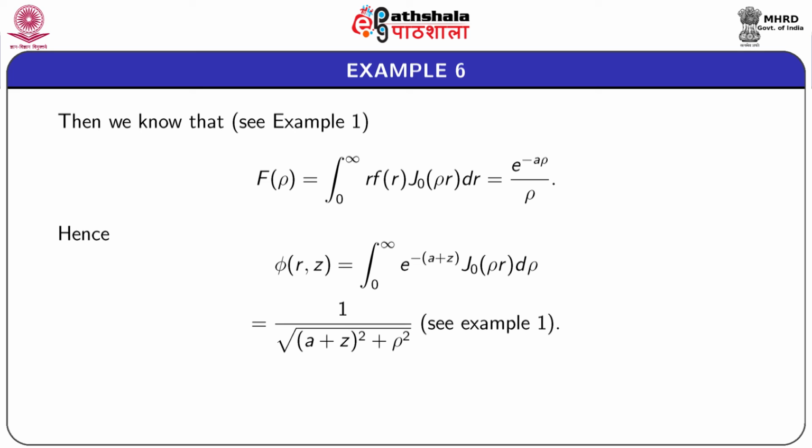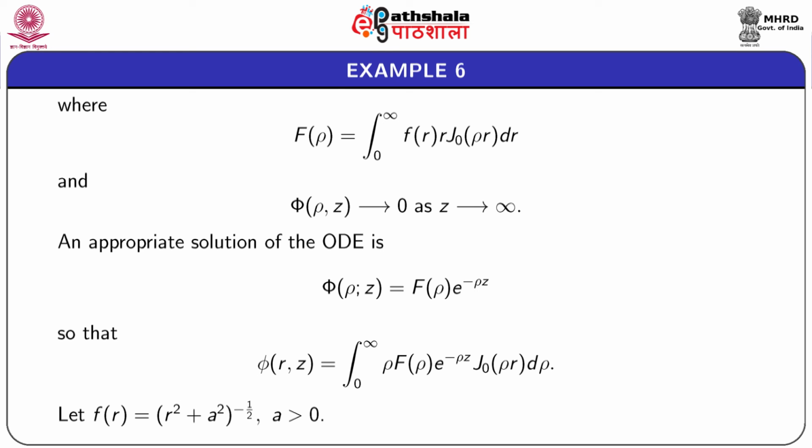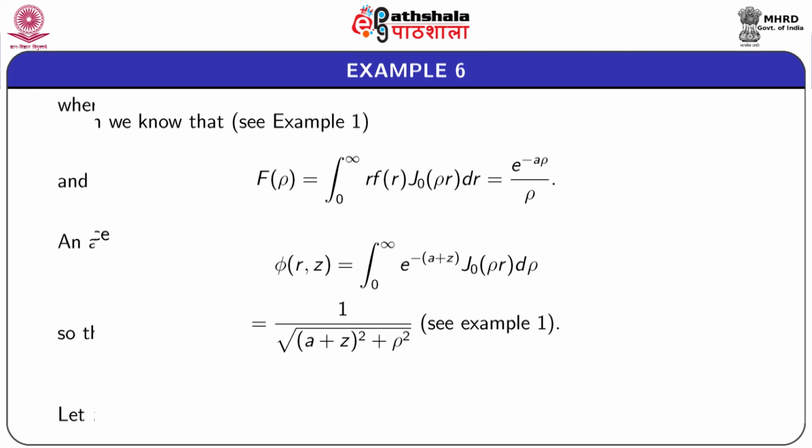So, capital F of rho is known then, and if we substitute capital F of rho here in the expression for small phi, then we obtain small phi of r, z as integral 0 to infinity e to the power minus a plus z rho J naught rho r d rho, and that is equal to 1 by root over a plus z whole square plus r square, as seen from example 1.